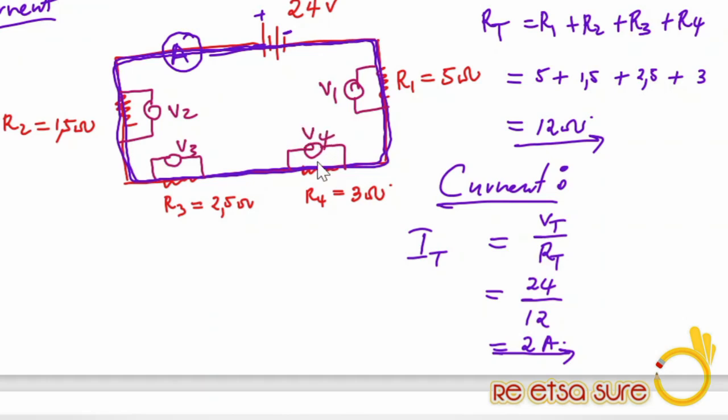Remember when we talked about the properties or the equations that we use for series circuit, we said the V total, which is the V of the battery, is the same as V1 plus V2 plus V3 plus V4. It will depend on how many resistors are there.